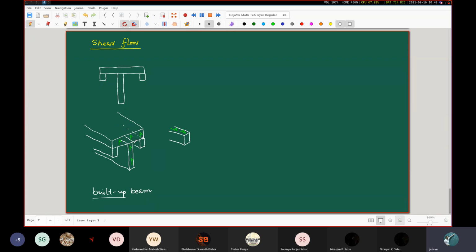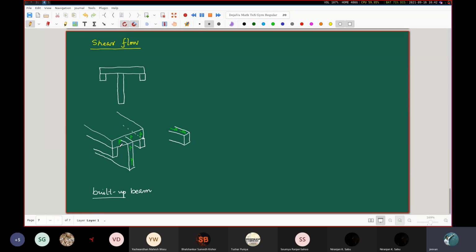I repeat, whenever this entire beam is under bending, this kind of tau yx will be responsible for a potential failure along these attachment points.